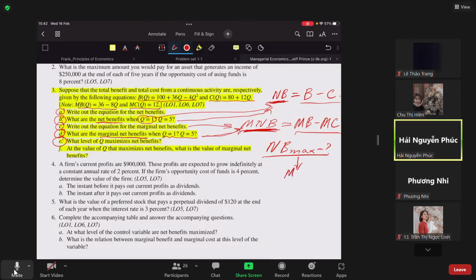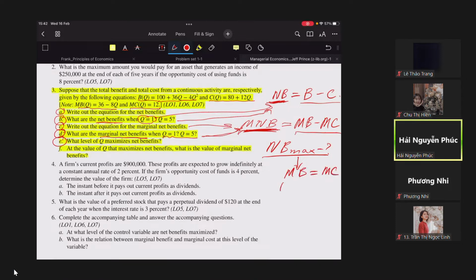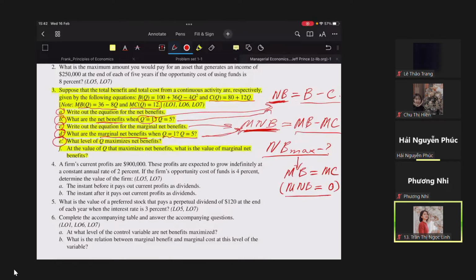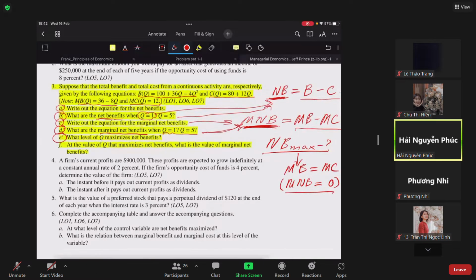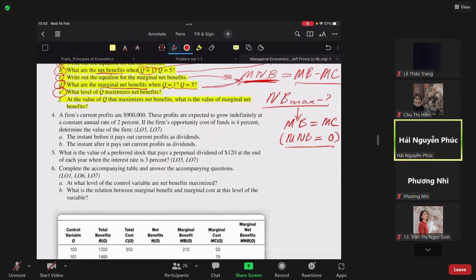Yeah, that's correct. When we have MB equal to MC, or in other words, we say when the marginal net benefit equals 0. Okay, equal to 0. Right, so that's good.